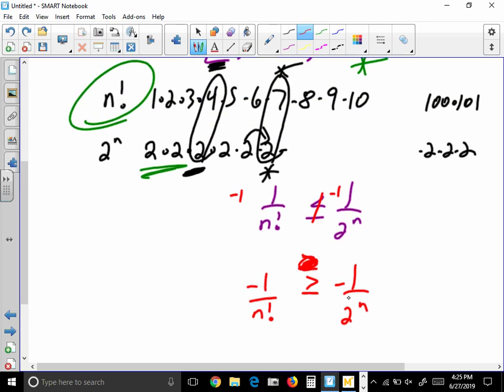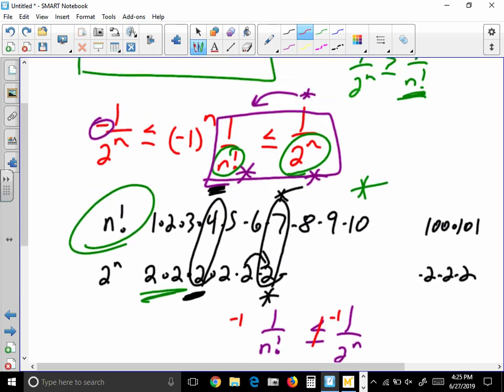So negative 1 over 2^n, that's going to be smaller than the middle one. The tricky thing about the middle one is it alternates signs. Sometimes it's positive, sometimes it's negative.